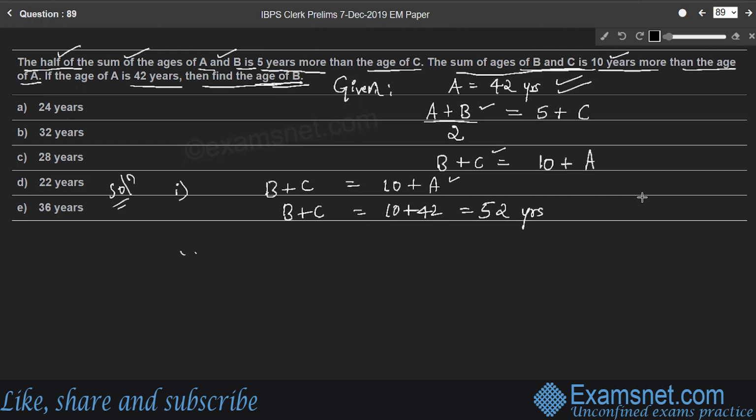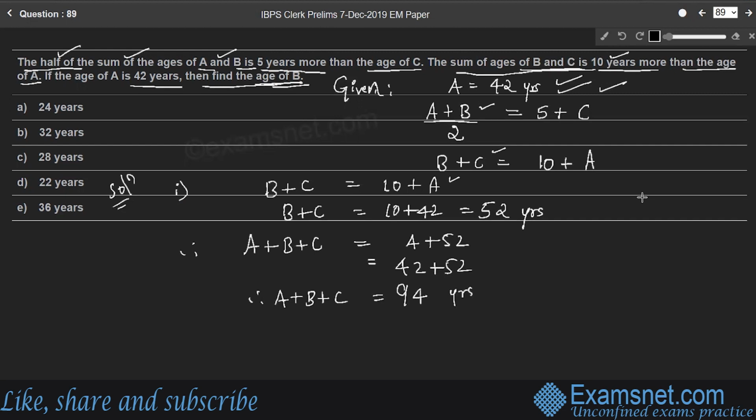Therefore, A plus B plus C becomes A plus 52 years. A's age is 42, so 42 plus 52. Therefore, A plus B plus C is equal to 94 years. Consider this as equation 1.